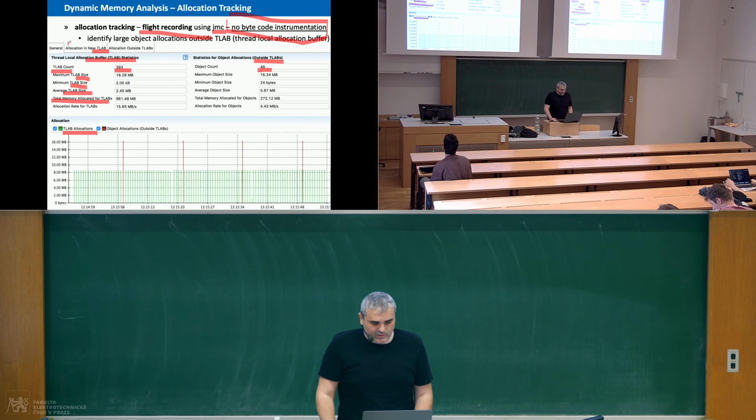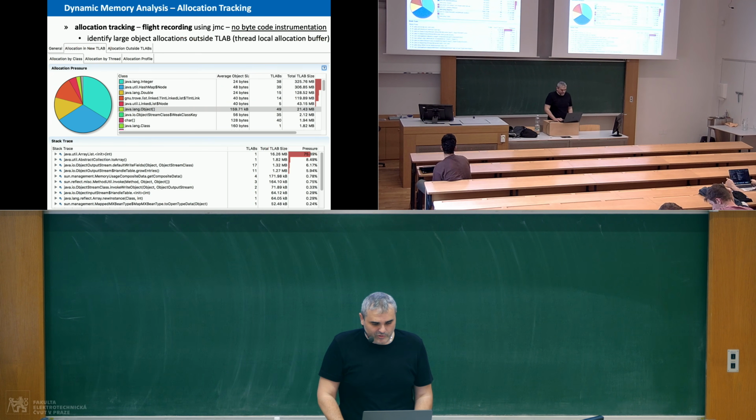But there are additional tabs here. So if I progress to the next slide, you see this is the second tab. This is related to allocations which cause a request for a new TLAB. So you know what kind of object it was, what the size was. If you click on the object, you see the stack from which place that object was requested.